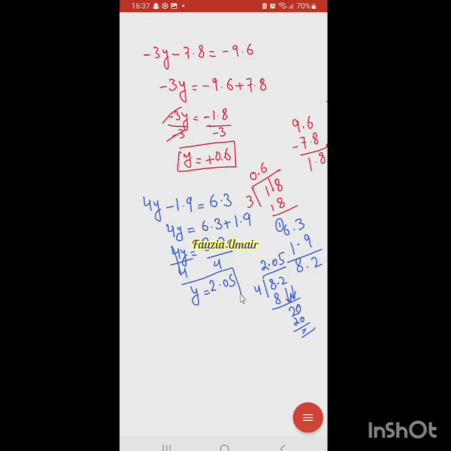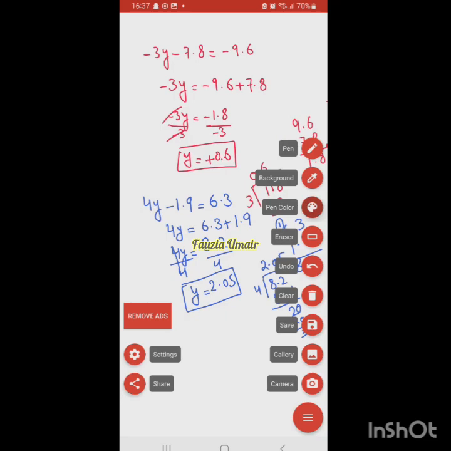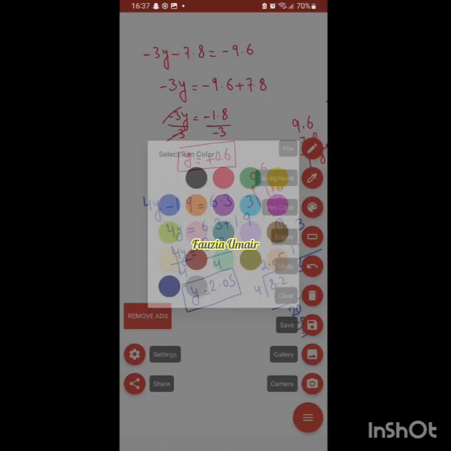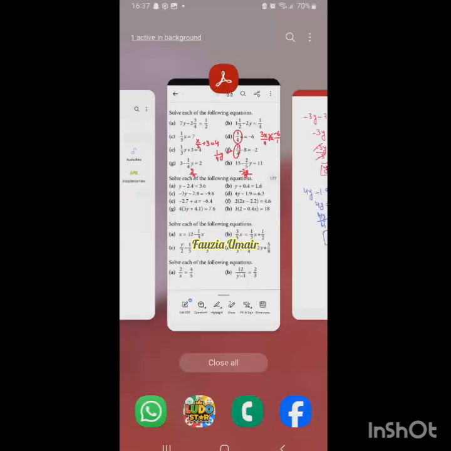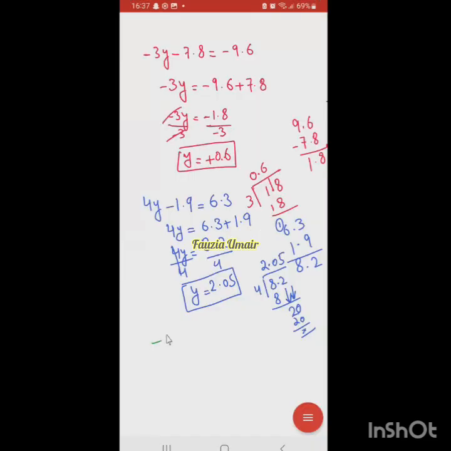Any confusion in this division, Abrish? No, ma'am. All right. So let's move on to the next one then. Next question is minus 2.7 plus a is equal to minus 6.4.